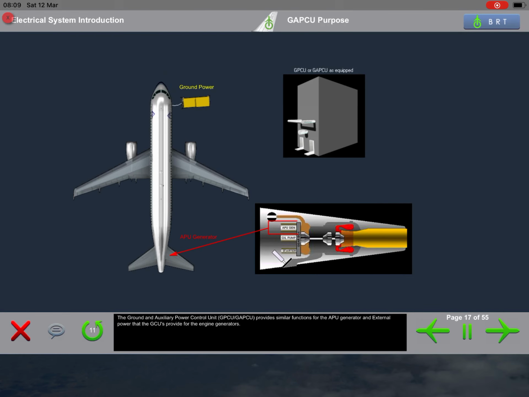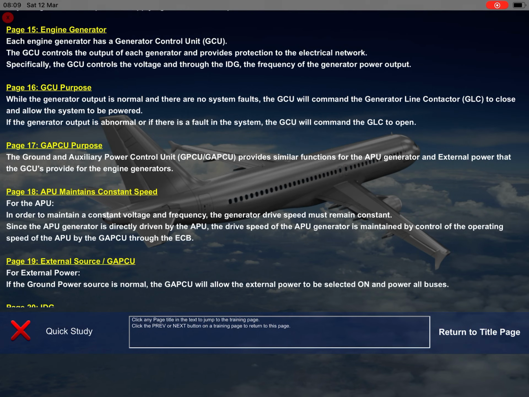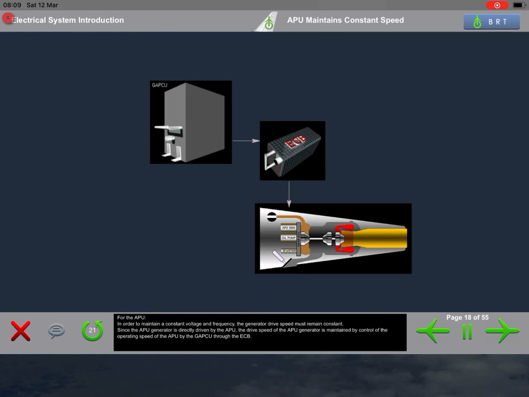The Ground and Auxiliary Power Control Unit, GAPCU, provides similar functions for the APU generator and external power that the GCUs provide for the engine generators. For the APU, in order to maintain a constant voltage and frequency, the generator drive speed must remain constant.